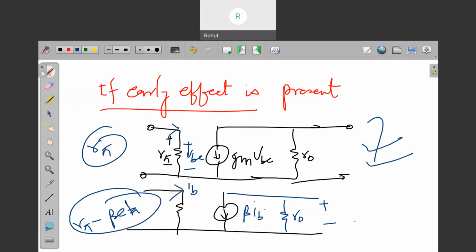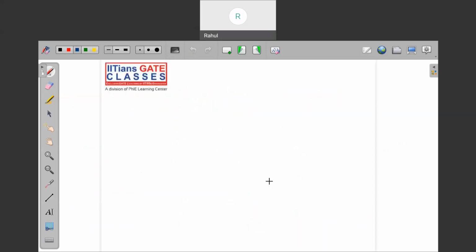In the examination you don't need to draw these things, right? An important note is that the gm of the transistor will always be IC upon VT.